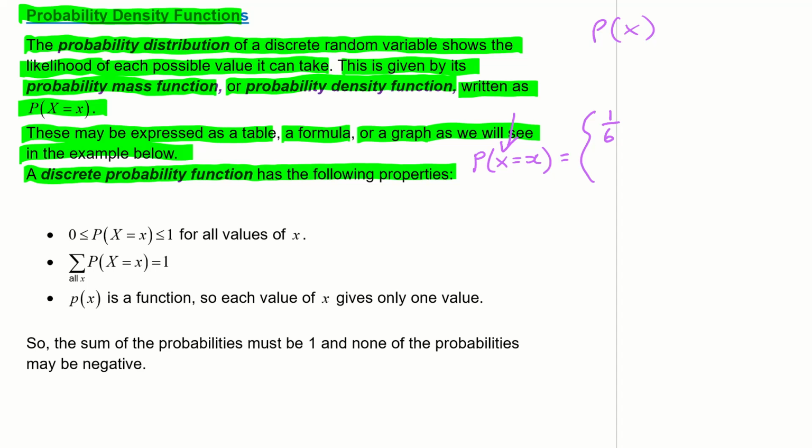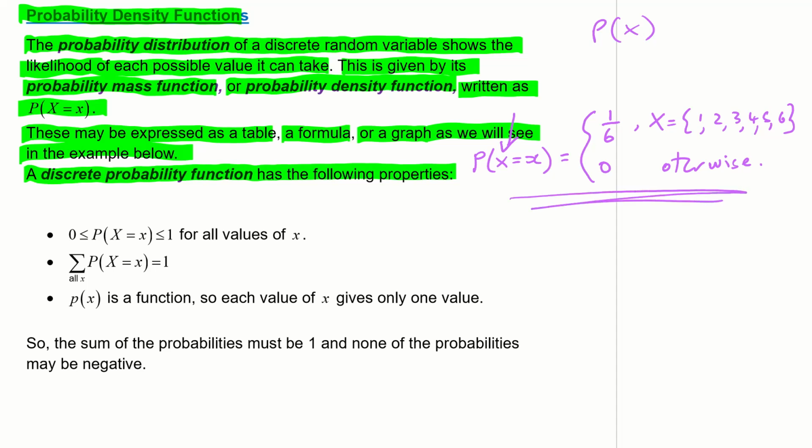And the probability was 1/6 for each possible value of x. So those were 1, 2, 3, 4, 5, and 6. And we said 0 for any other possible value. So you can't get a 7.9 or something when you roll a 6-sided die. Bear this one in mind as we go through the properties below.